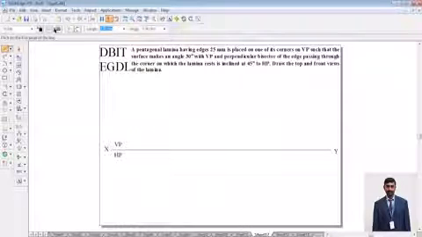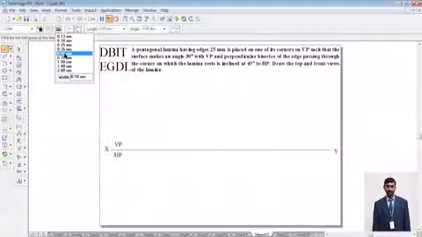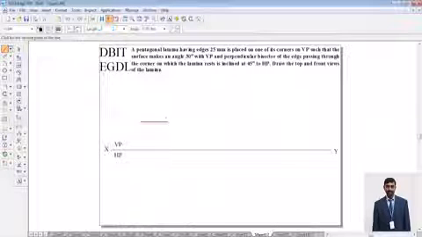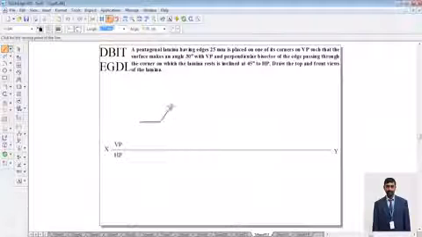So now for drawing the pentagon, I will take a thick line. It is 25. Again, the length 25, and the angle we are going to give is 72, that is the external angle.